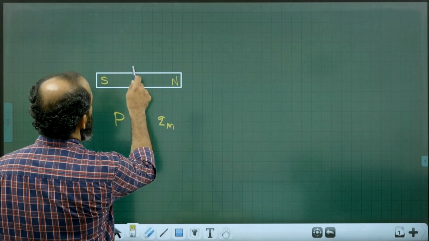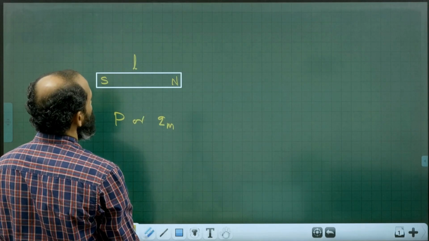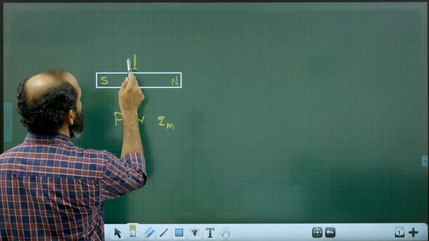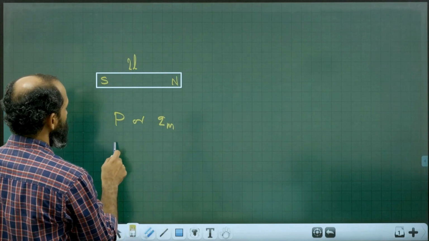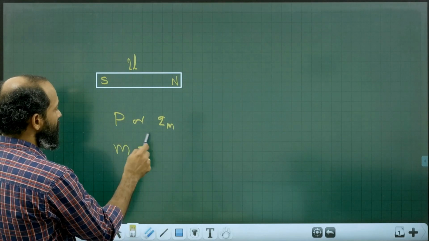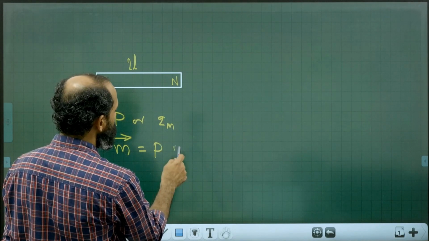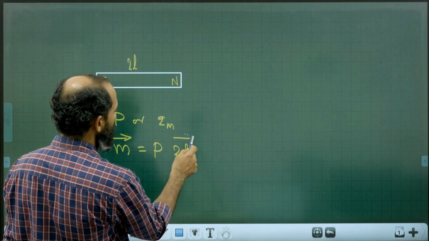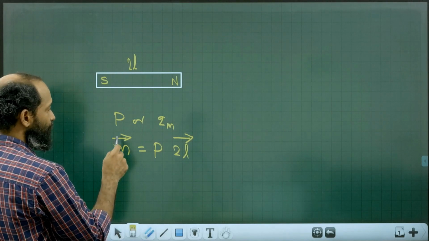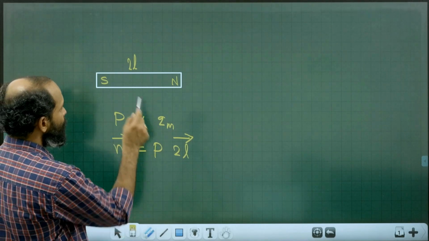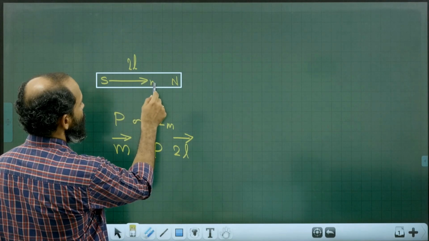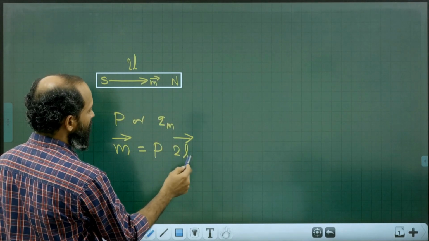Now, if 2L is the effective length of the magnet, then magnetic dipole moment M is defined as the product of pole strength and the magnetic length. Direction of magnetic dipole moment is from south to north, which is the same as the direction of the magnetic length.